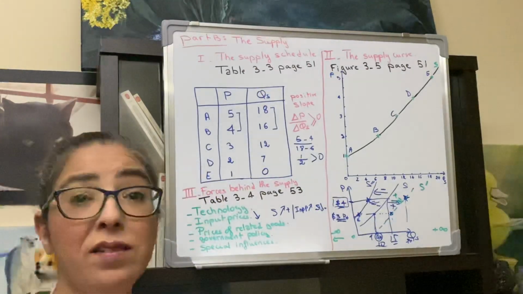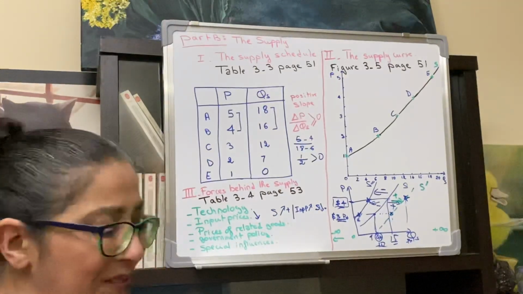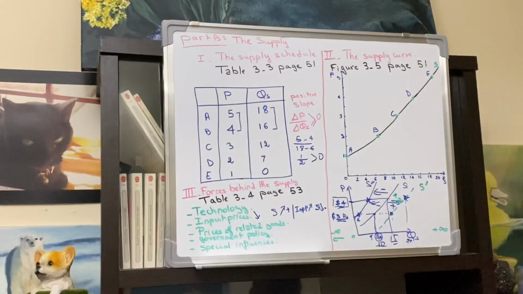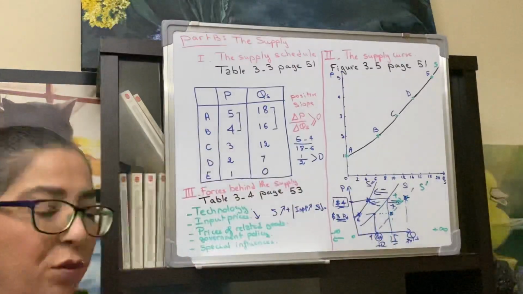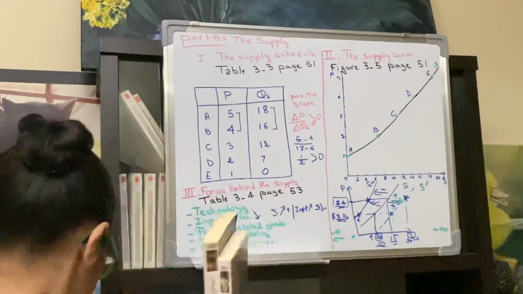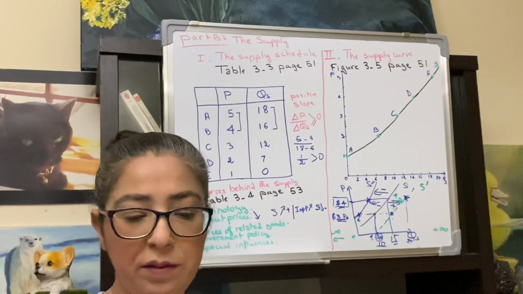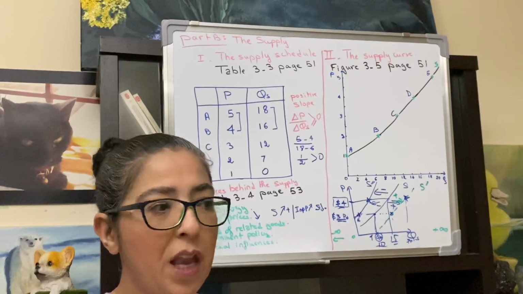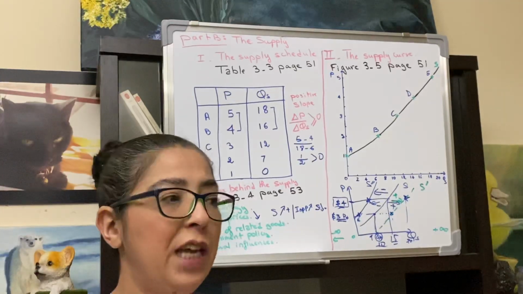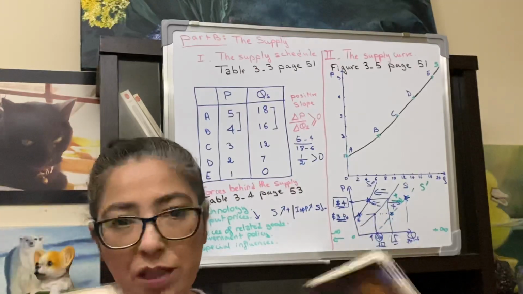Now, prices of related goods. This one is interesting. In order to explain it, I'm going to use these two books. If you notice, they're both from Pocket, the same editor. Let's imagine they are using one printing machine.